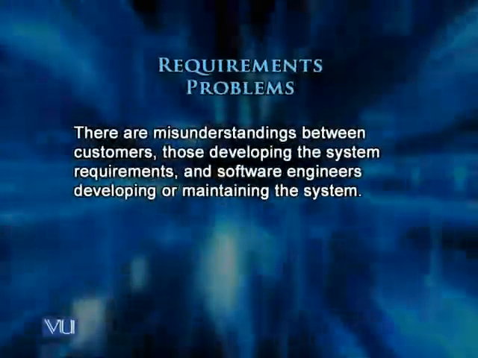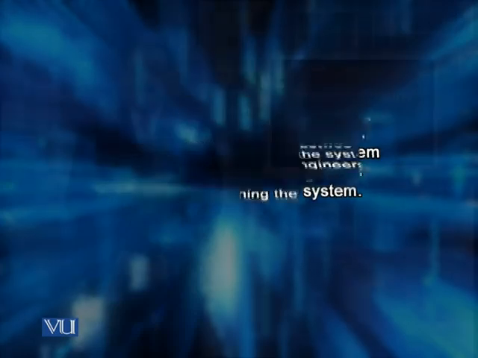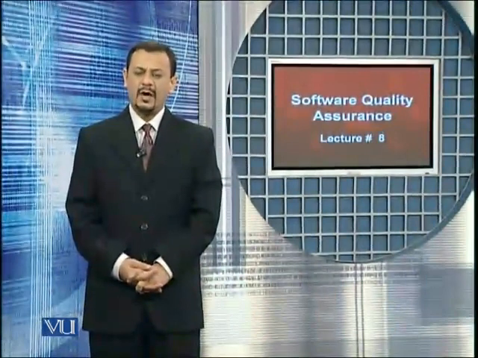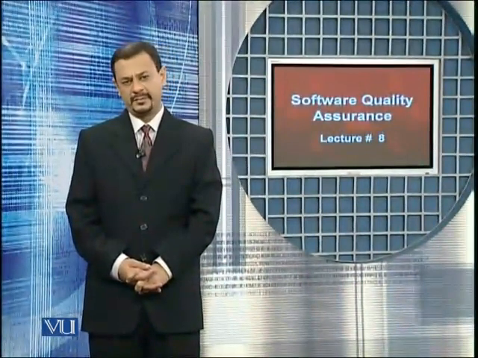There are misunderstandings between customers, those developing the system, that is the development team, and the software engineers who are maintaining the system. And these misunderstandings are because the requirements have been misinterpreted.